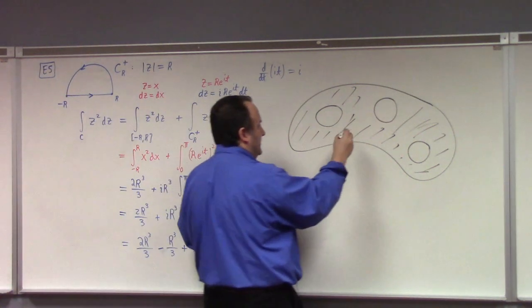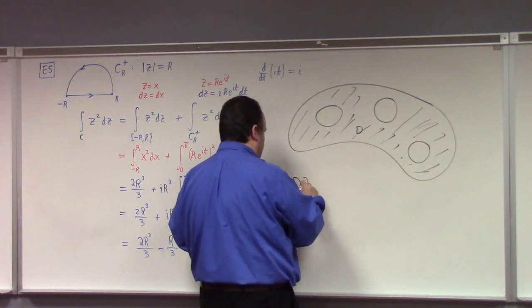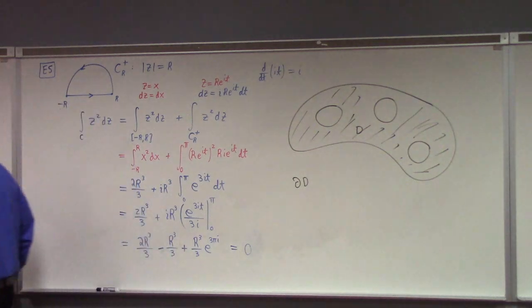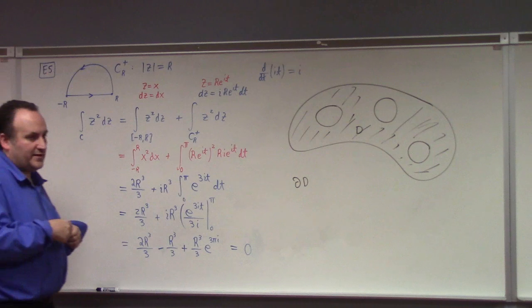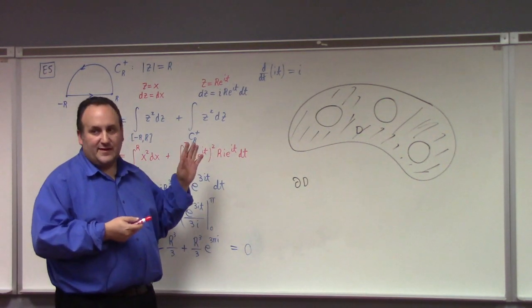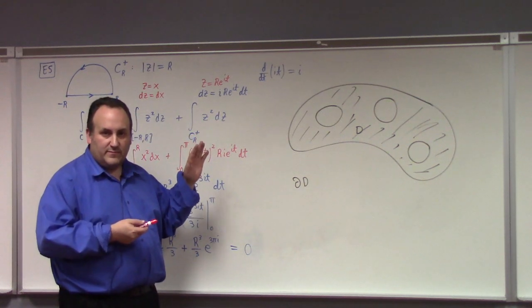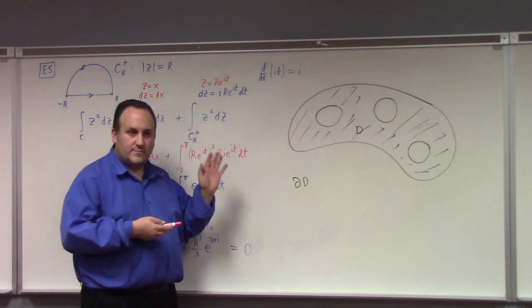If this is my domain D, then the boundary of D should be made so that if you imagine yourself like an ant walking along the boundary in the positively oriented sense, which side should the surface be on, your left or your right?